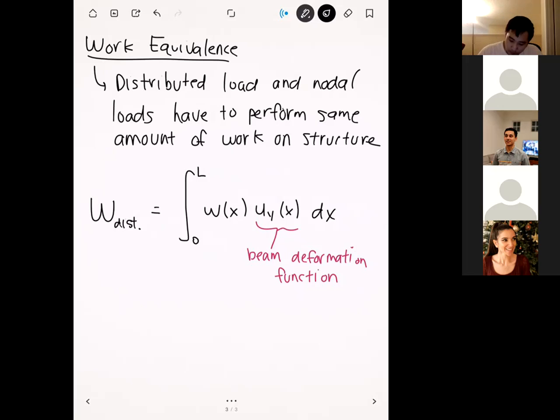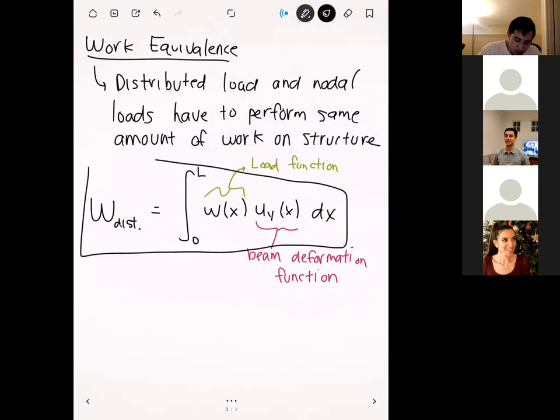Let me label this: this w of x here is our load function. So the work performed by the distributed load is given by this formula. To summarize, it's the product of our load function times the beam deformation, integrated over the length of the beam.